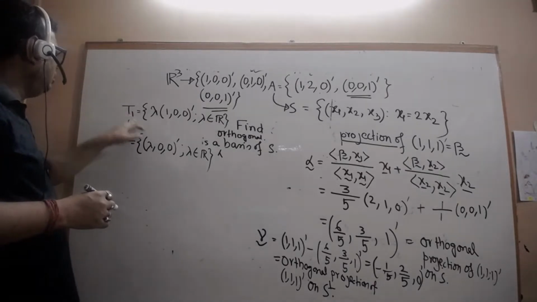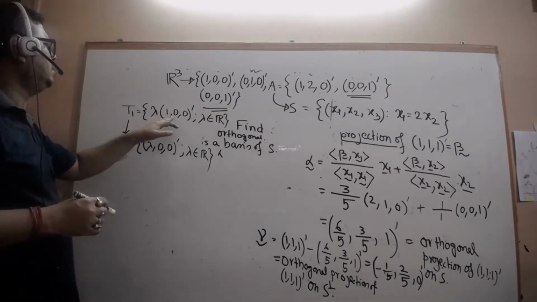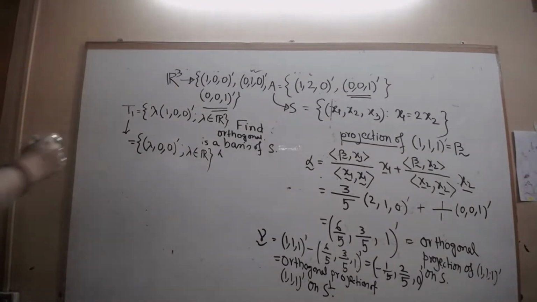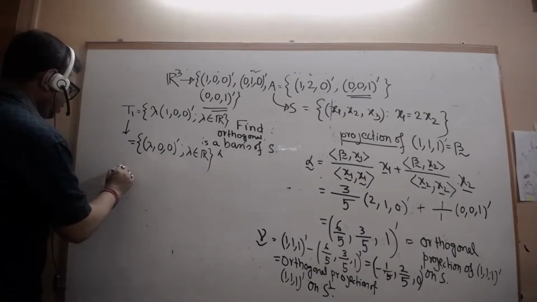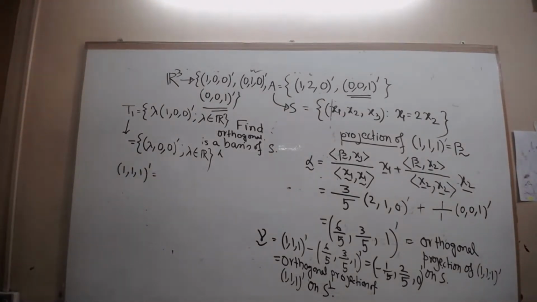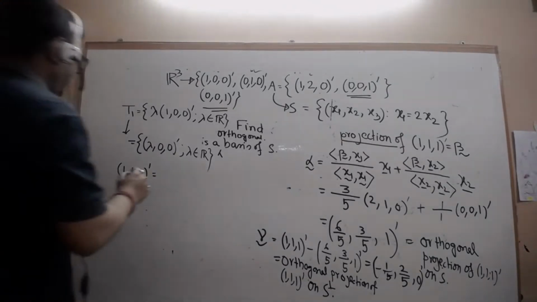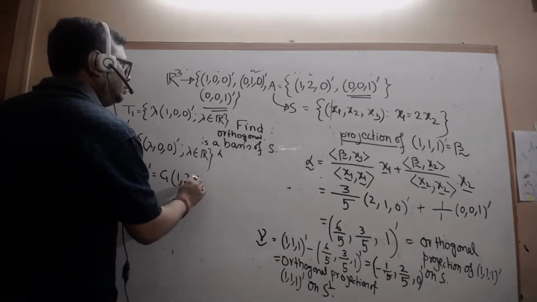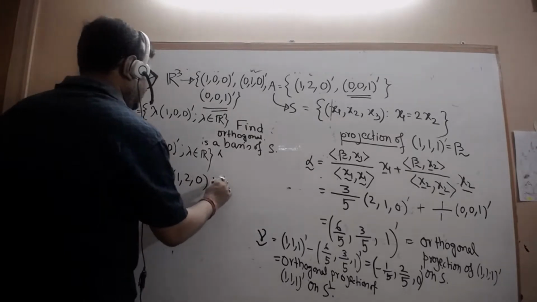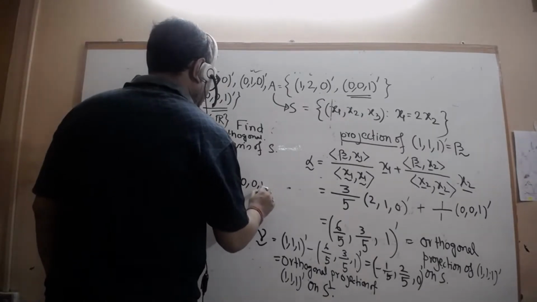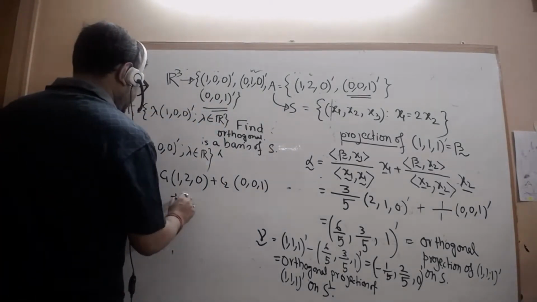So T1 can be constructed as a linear combination of 1 0 0. So now beta curl, which is 1 1 1, is equal to C1 times 1 2 0 plus C2 times 0 0 1 plus C3 times 1 0 0.